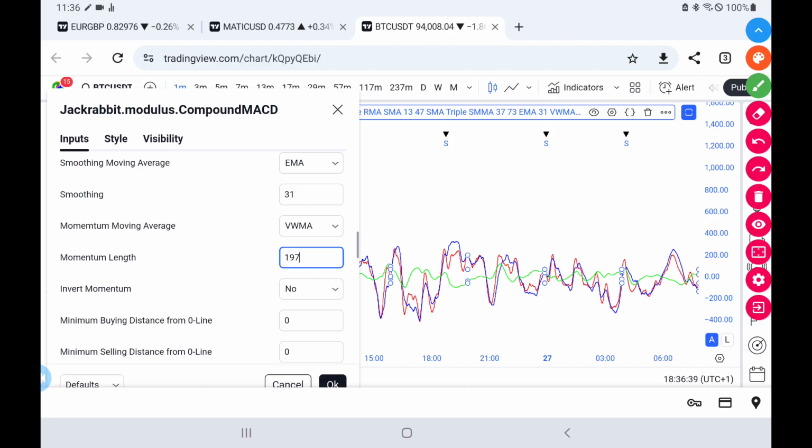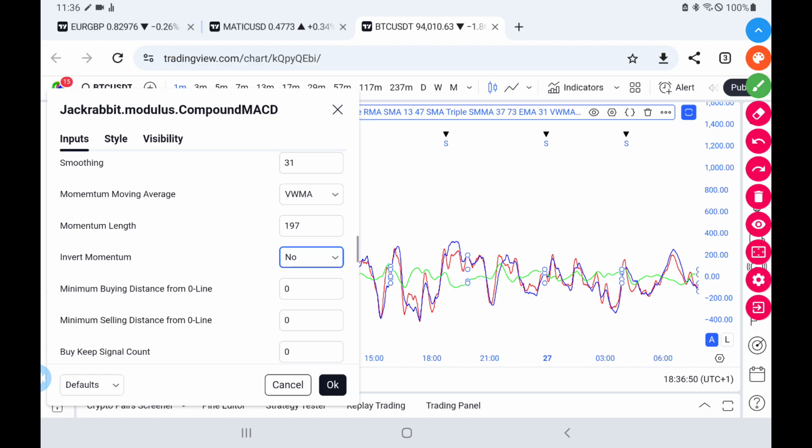And now we have yet another change in the chart. And we can of course change the moving average itself by inverting the signal, meaning buys become sells and sells become buys with the inversion aspect.